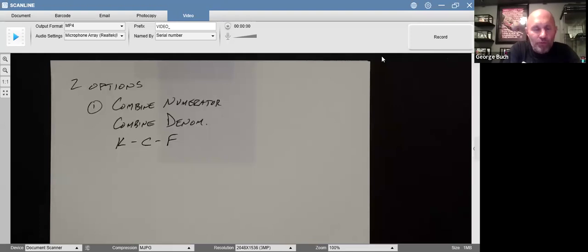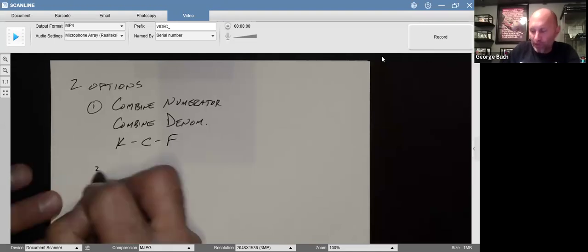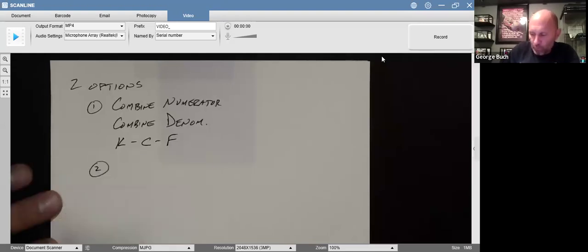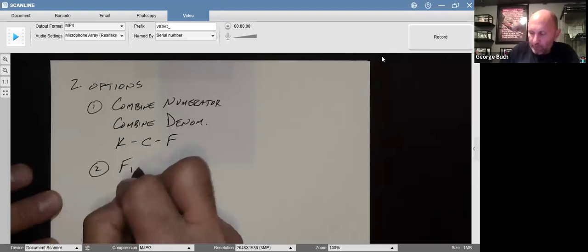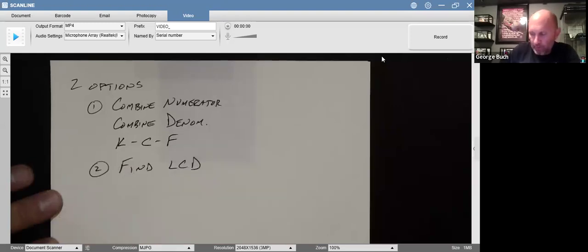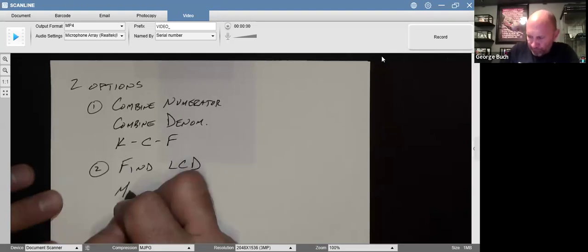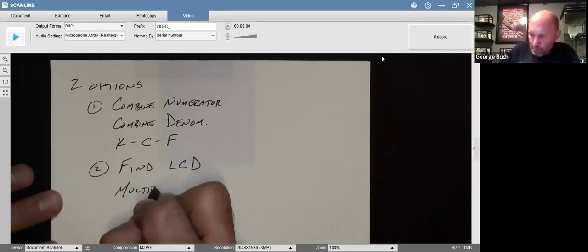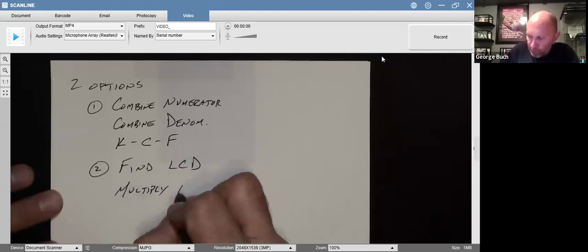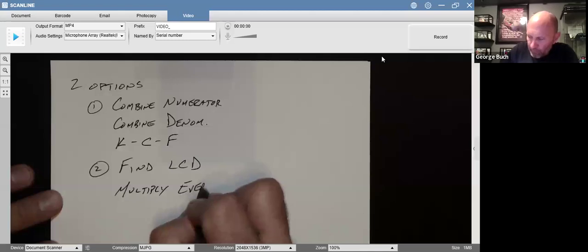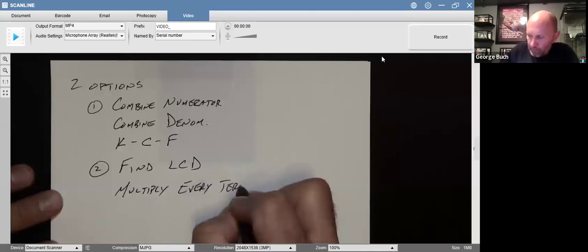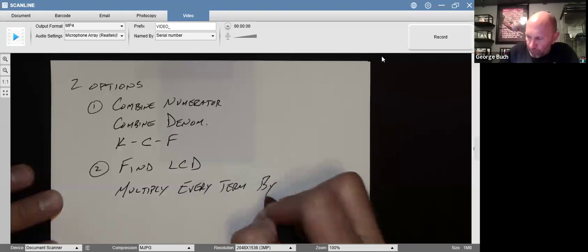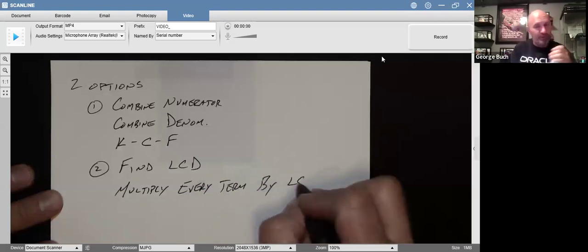For everybody else that can't figure these out, I'm going to request that you use the second method, which is find the least common denominator and then multiply every term by the LCD.